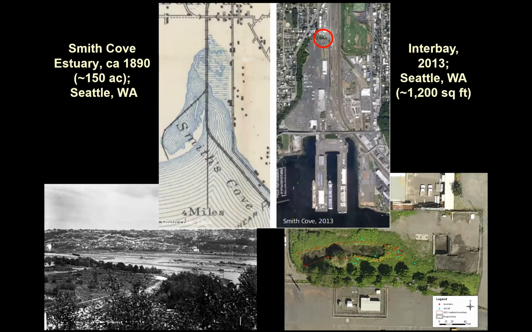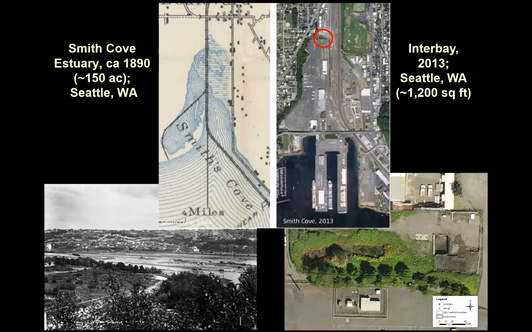It was an estuary, about 150 acres of mudflat and estuarine vegetation. By about 1940, it was essentially completely filled for industrial purposes. It's now referred to as Inner Bay. And on the right there, you see in 2013 what it looks like. Literally, there's only 1,200 square feet of the original Smith Cove wetland complex that exists.